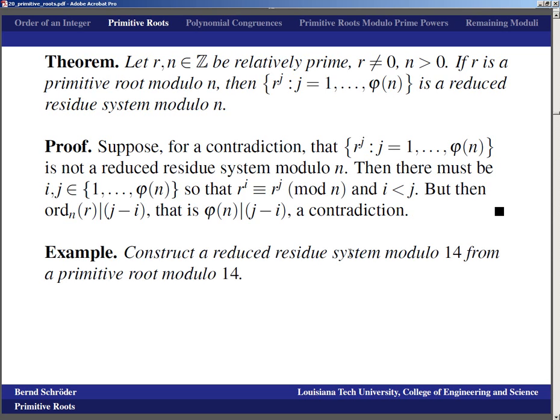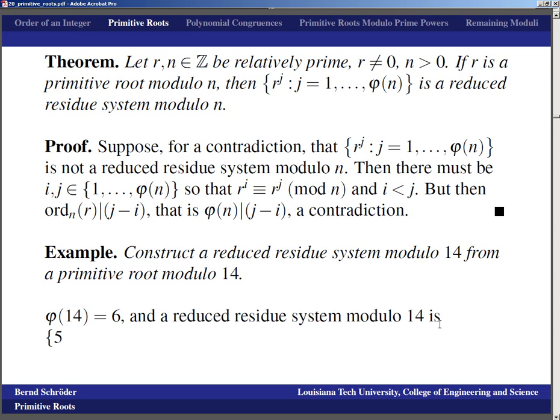And as an example, well, if we are looking for a reduced residue system modulo 14 from a primitive root modulo 14, well, the Euler phi function of 14 is 6, and that is because it is 2 minus 1 times 7 minus 1, which is 6. And so a reduced residue system modulo 14 is 5.